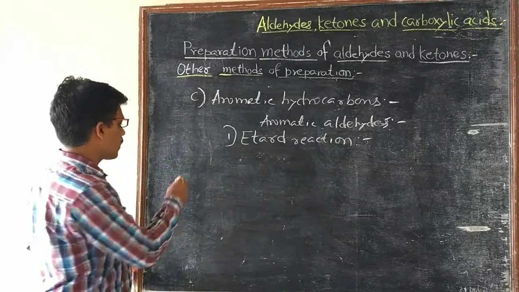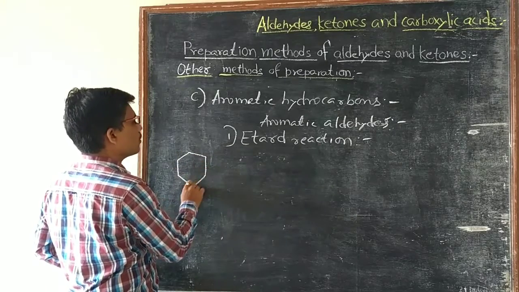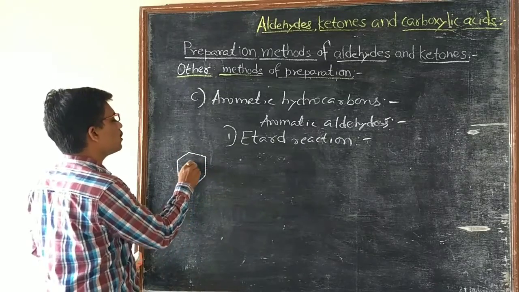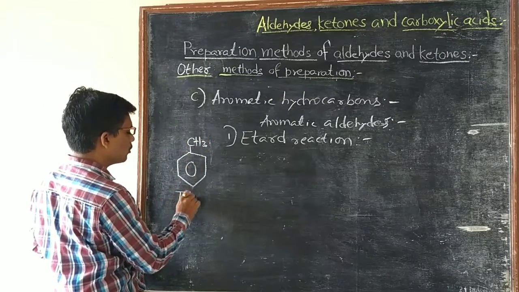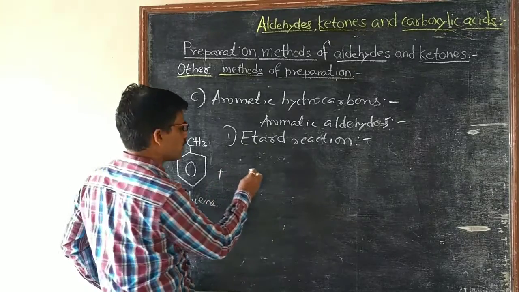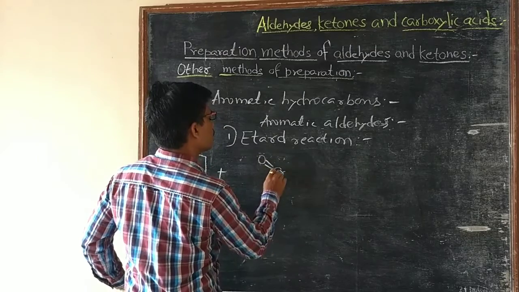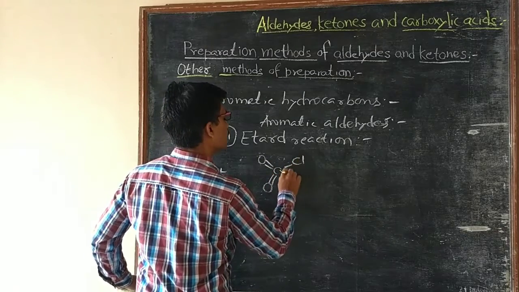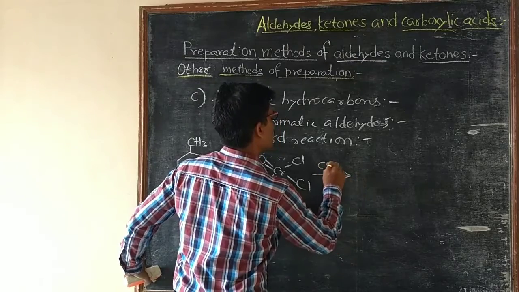In this method, the aromatic hydrocarbon toluene is treated with an oxidizing agent like chromyl chloride in presence of carbon disulfide.